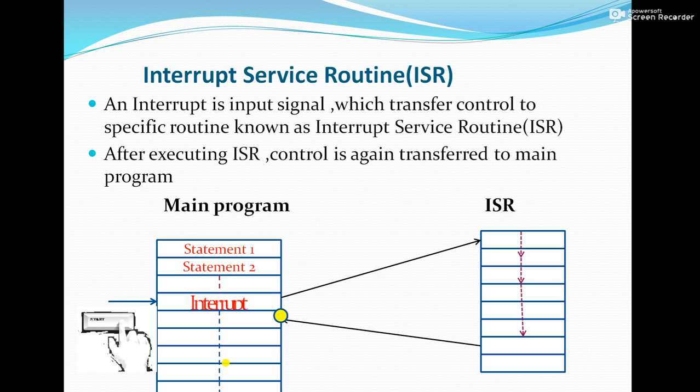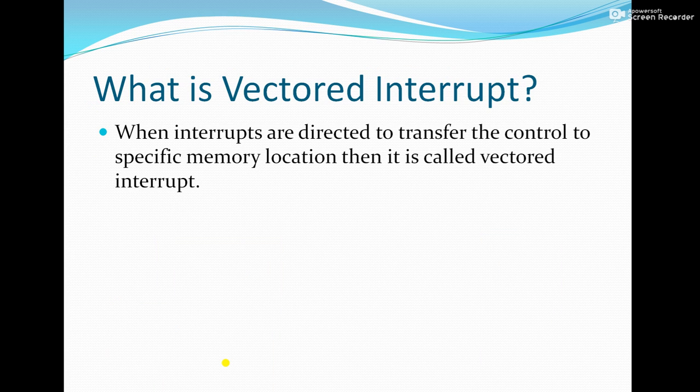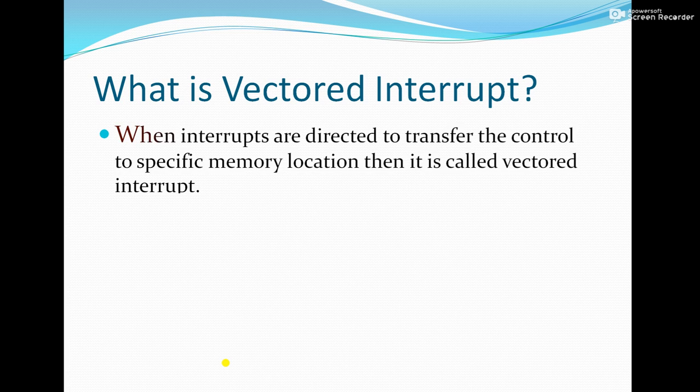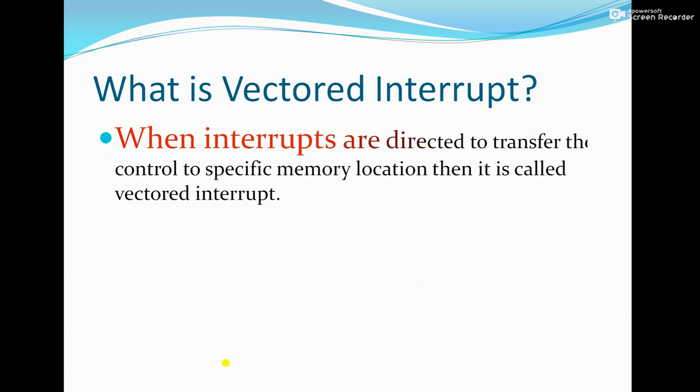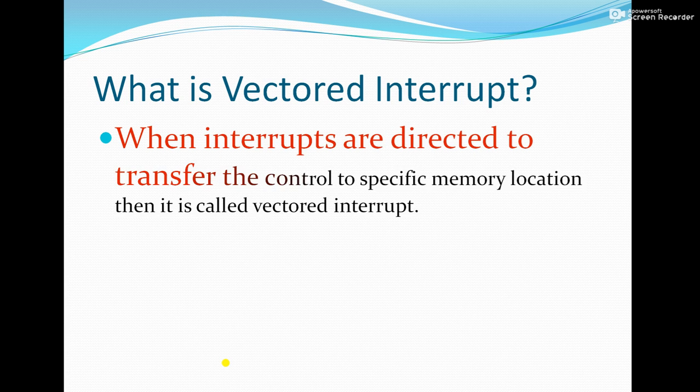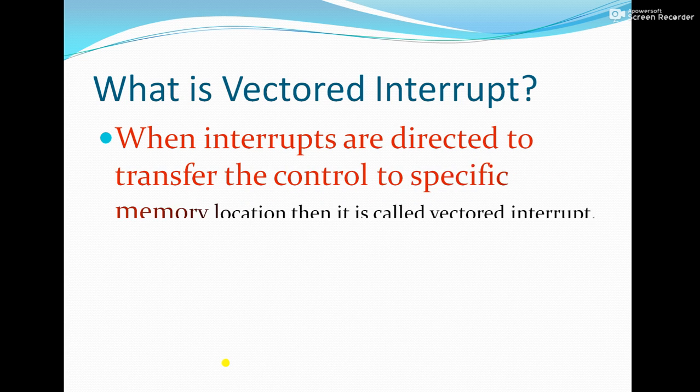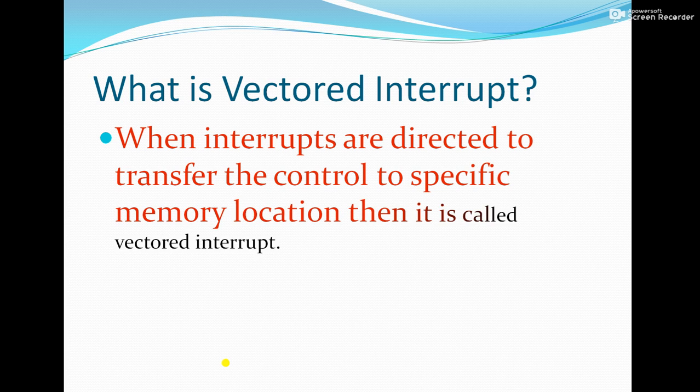Before moving to types of interrupts, I would like to tell you about vectored interrupt and non-vectored interrupt. So, what is vectored interrupt? When interrupts are directed to transfer the control to a specific memory location, then it is called vectored interrupt.